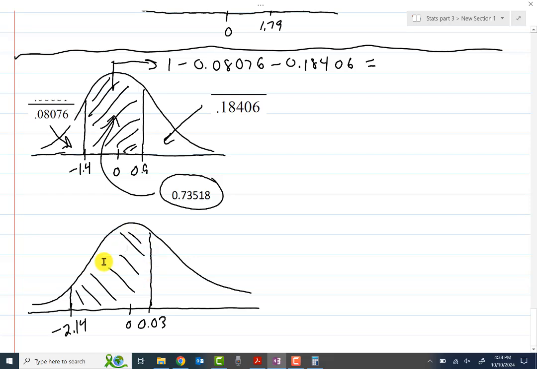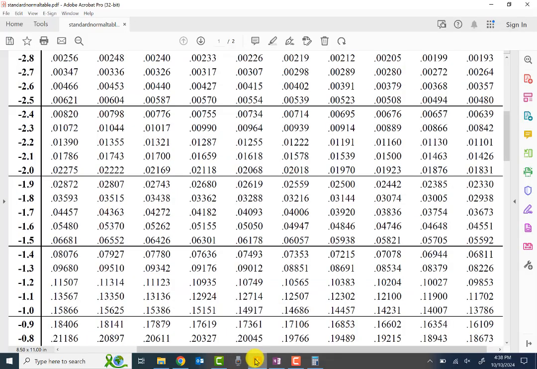Once again, I can directly use the table to get this little piece over here. I simply look up negative 2.14 in the table. And here's negative 2.1, 0, 1, 2, 3, 4. There's our guy.